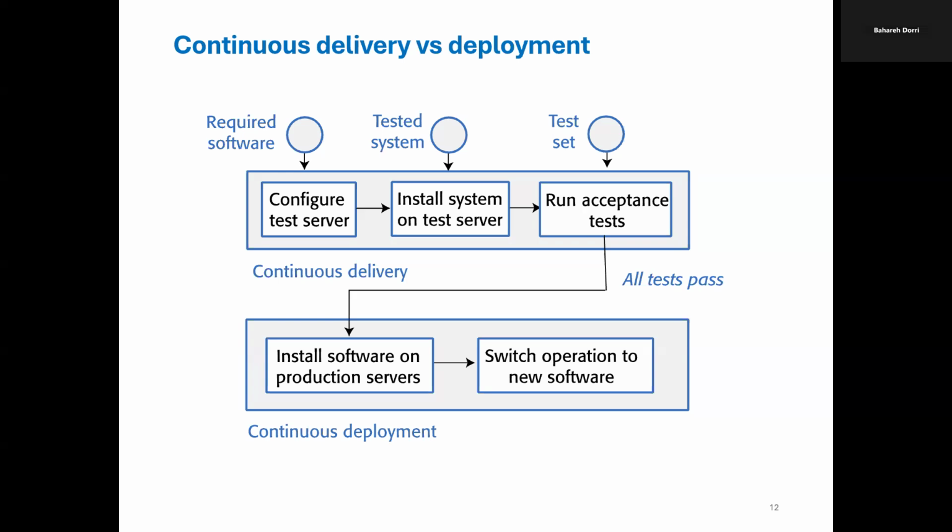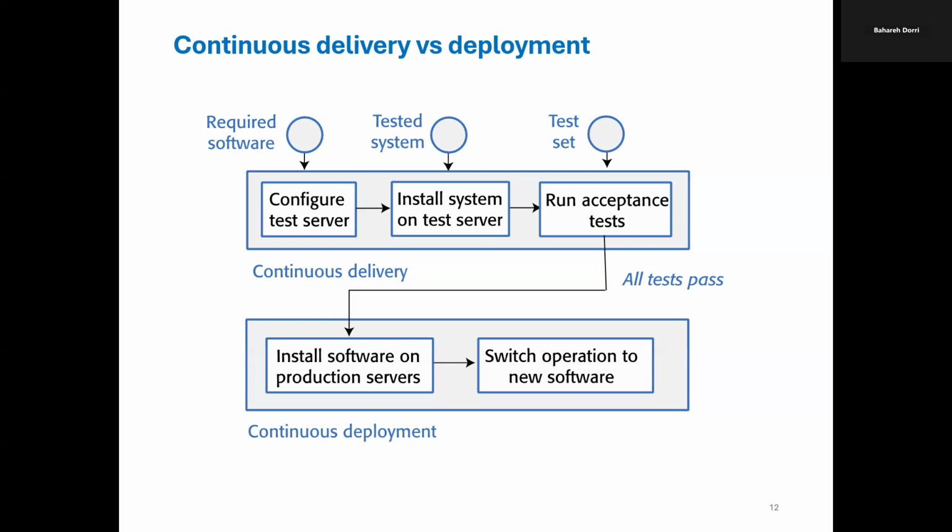These tests help us verify that the system behaves as expected from the user's perspective. Once all tests pass, we have a fully validated and tested system that's ready to go, but deployment hasn't happened yet. This stage ends with software that's ready for production but requires a manual green light to move forward.